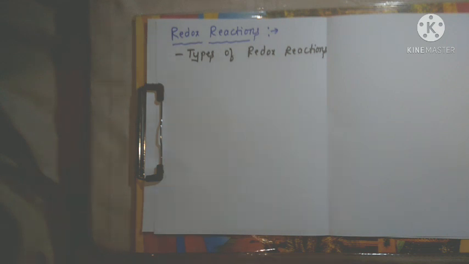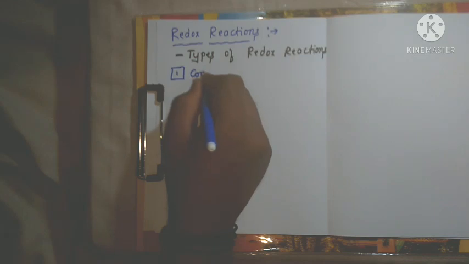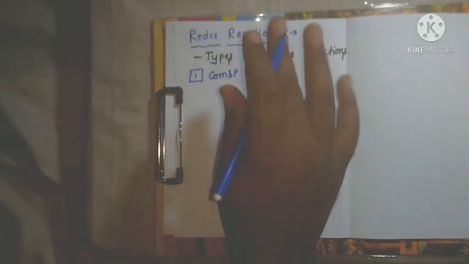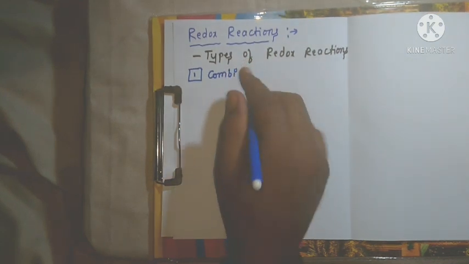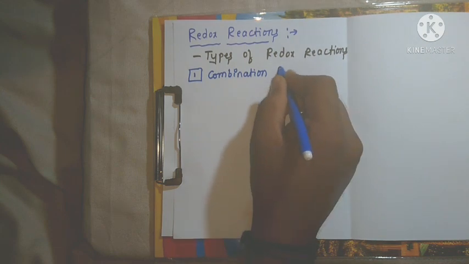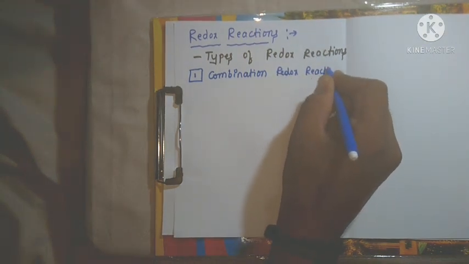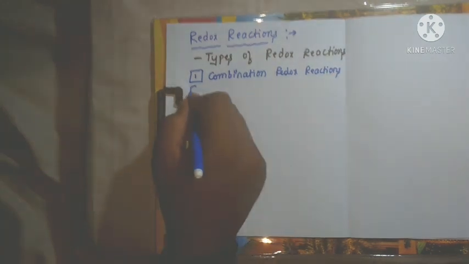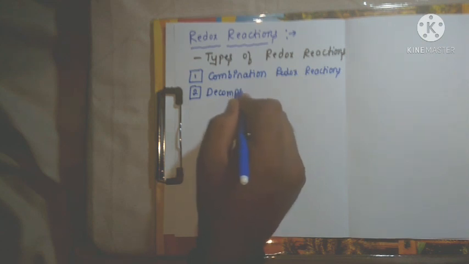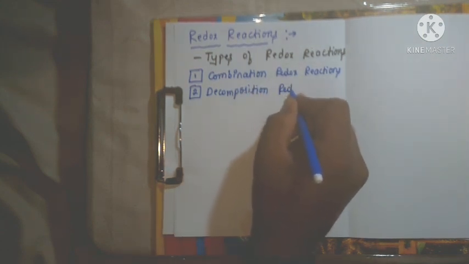What are those? First one is combination redox reactions. Second one is decomposition redox reactions.